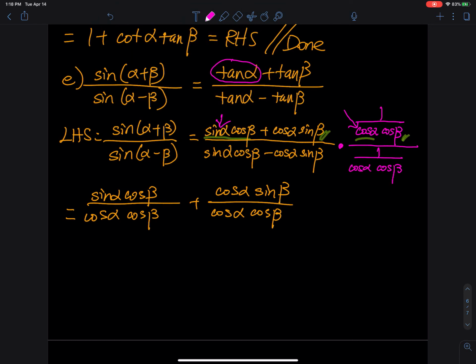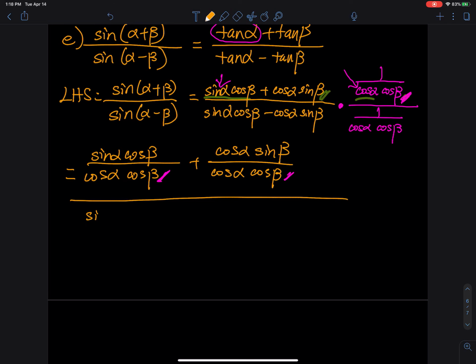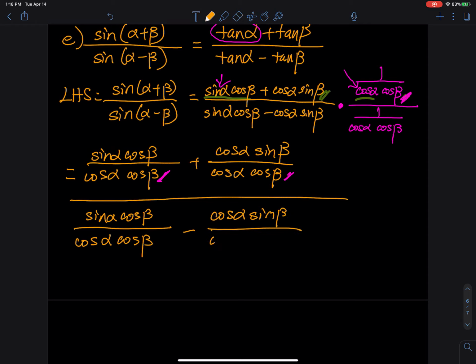All right, back to the orange, we do the same thing for the denominator. So big fraction bar, we have sine alpha cosine beta divided by the pink, and then minus cosine alpha sine beta divided by the pink.